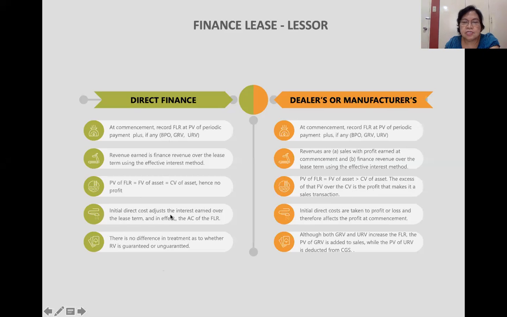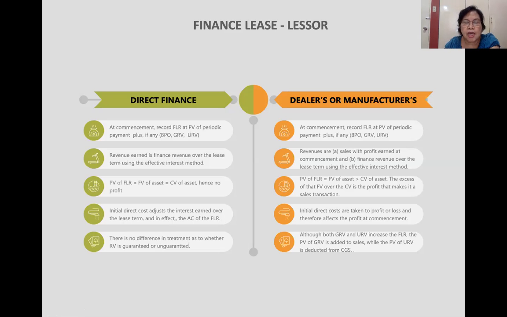Initial direct costs adjust the interest earned over the lease term. So using the gross method, any initial direct costs is debited actually to discount on finance lease receivable and credit cash.